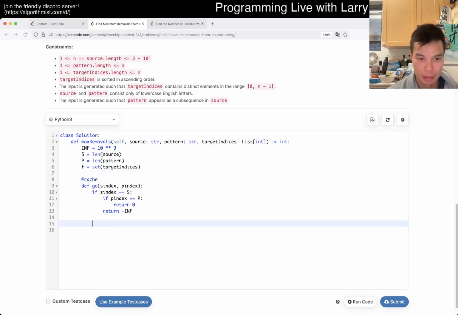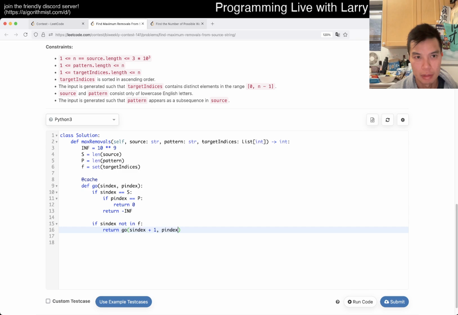Okay, you got this, I think. So if S index is in F, then if this is not in F, then we can just return go S index plus 1 P index, maybe.